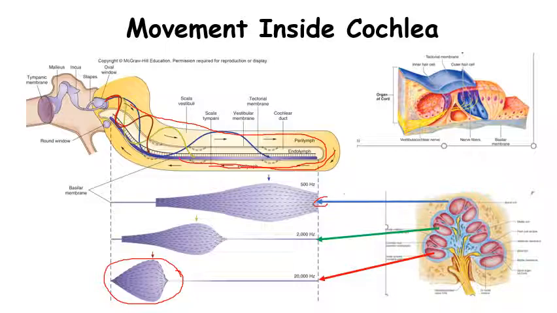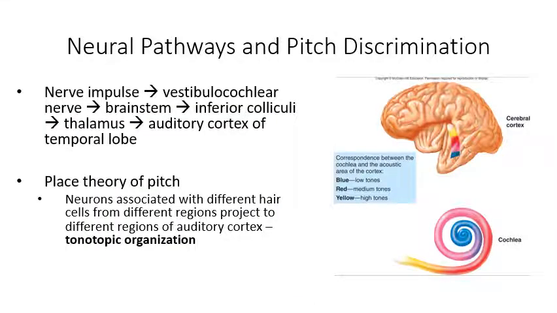And let's see how this relates. And this is where we get the place theory of pitch. Basically, this is the auditory cortex, and the information from the sensory cells of the auditory system comes to it, and it has a tonotopic organization.